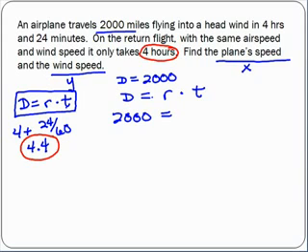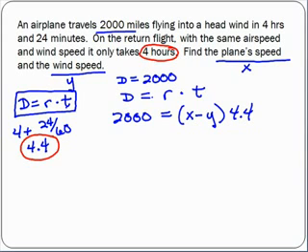So it's our plane's speed minus our wind speed. That together will give us our rate, and our time was 4.4 hours. Okay, so that's our first equation.